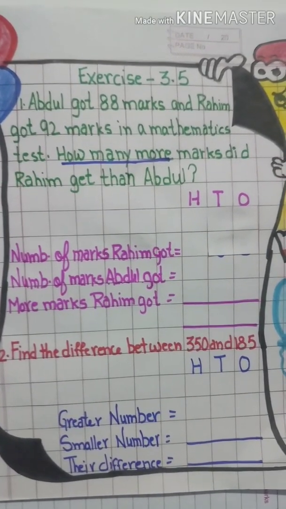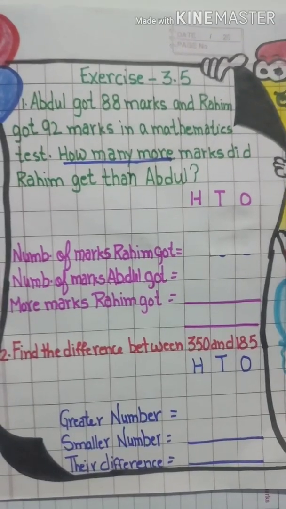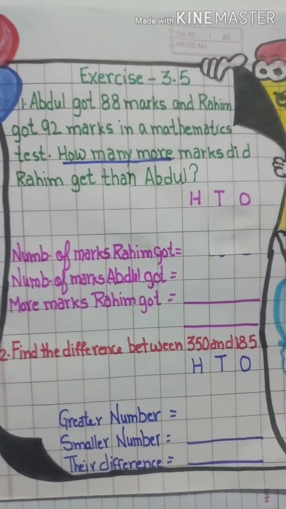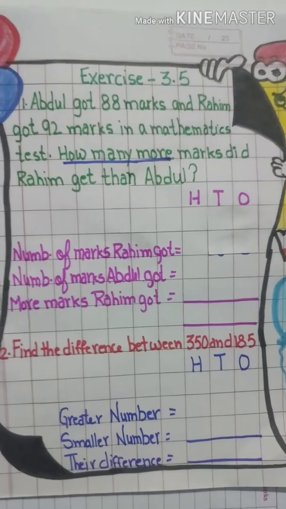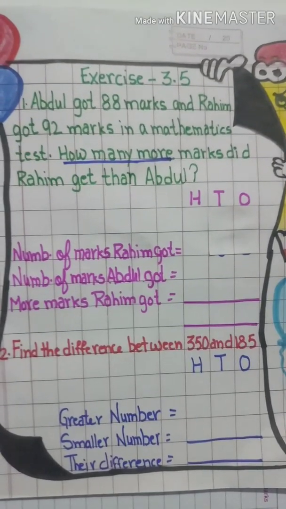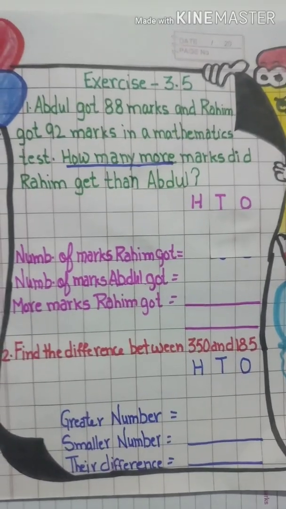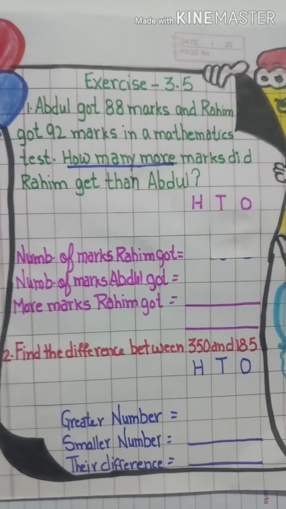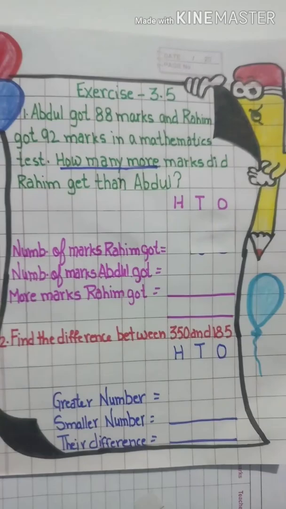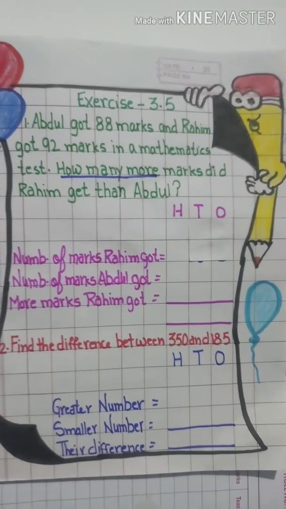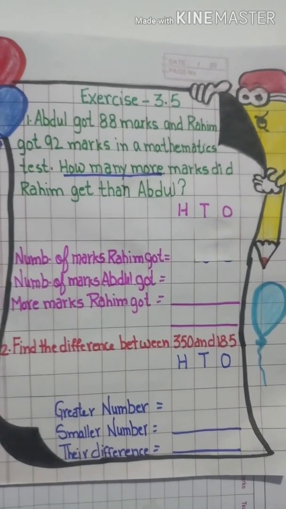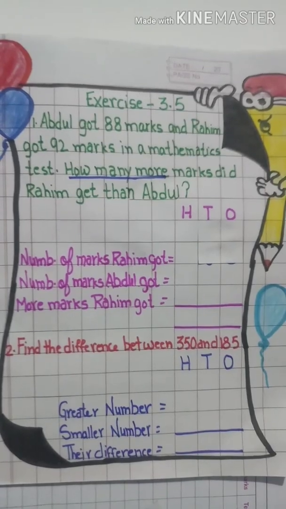So here you can see how many more is the keyword. We will underline this. Why will we underline this? Because we can easily know what we have to do in this sum.